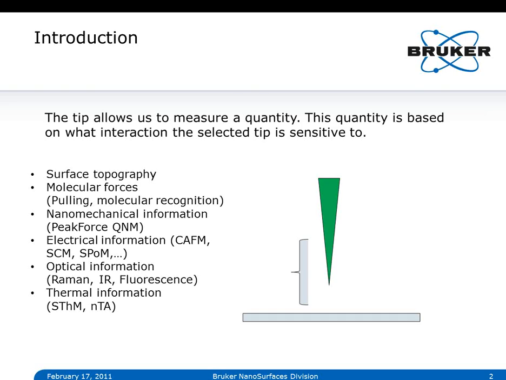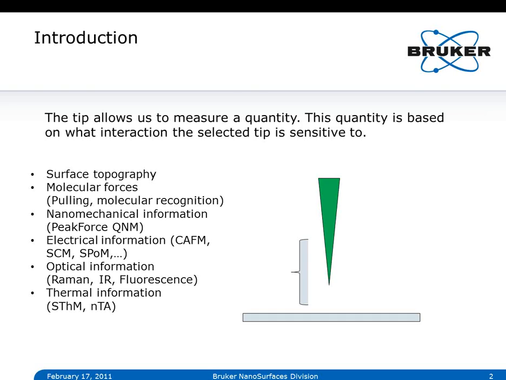And these interactions can, of course, vary. We can measure surface topography, probably the most used application for an AFM to date. We can measure molecular forces and then go into the field of pulling or molecular recognition.